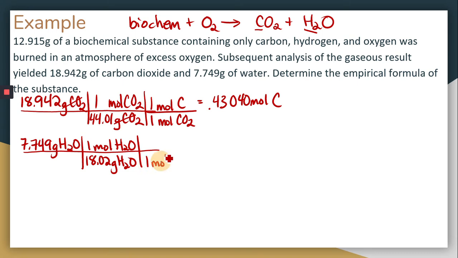And then for every 1 water, we have 2 hydrogens because of that subscript. So grams of water would cancel, moles of water would cancel, and we're left with hydrogen. Keeping our significant figures the same.